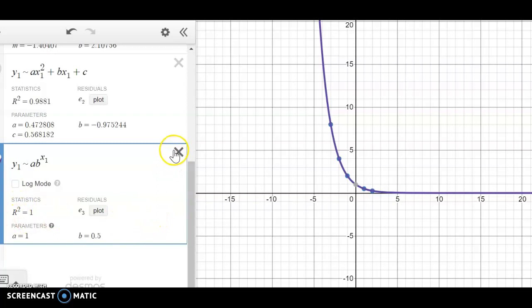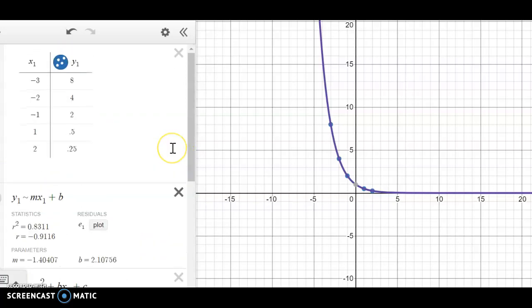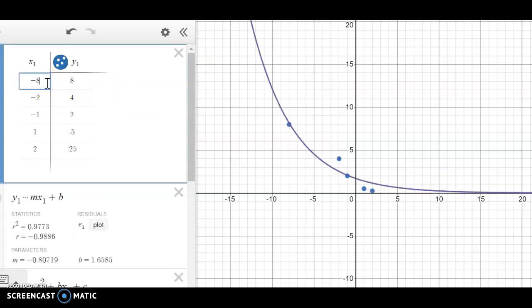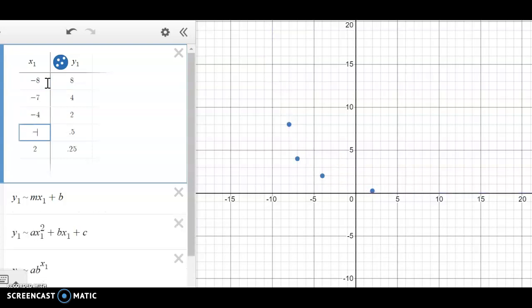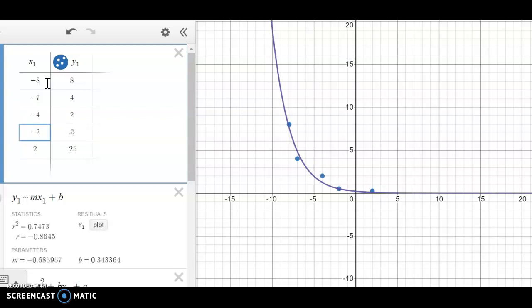Okay? So I'm going to come in here, and I'm going to change my table to -8 and -7, -4, -2, and 1.